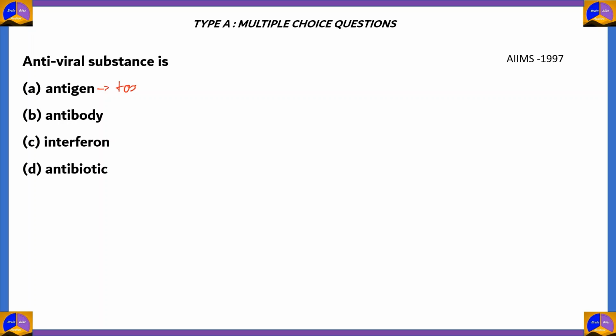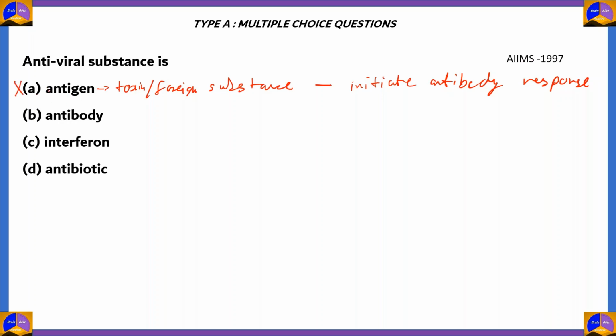Now, antigen is the toxin or foreign substance which is coming into the body, and these cause diseases. So they initiate antibody response. So antigens cause diseases instead of acting against them. So option A is incorrect.